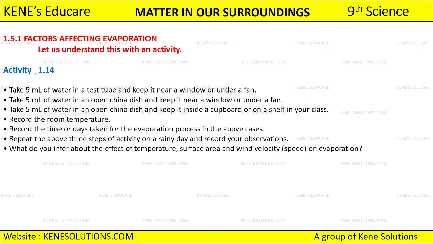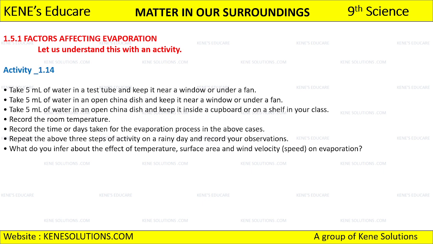Then when it comes to the surface area of the china dish, of the two china dishes that we are using, one we are keeping near the window and the second one inside the cupboard, right? Because the surface area of the china dish in which we have added 5 ml of water is the same, what is the difference in both cases?